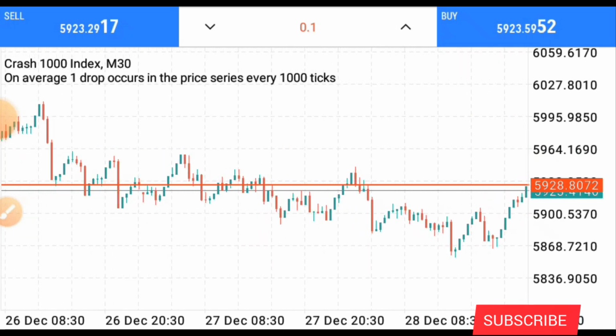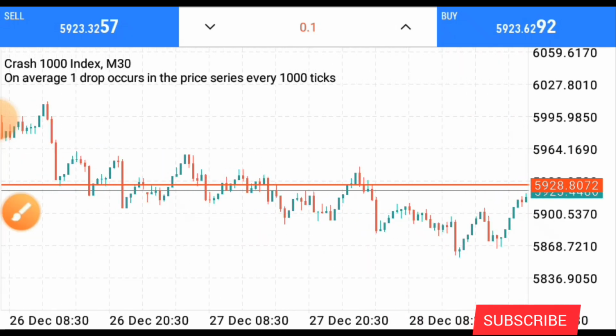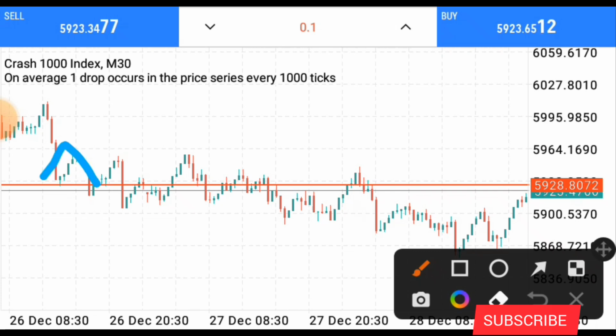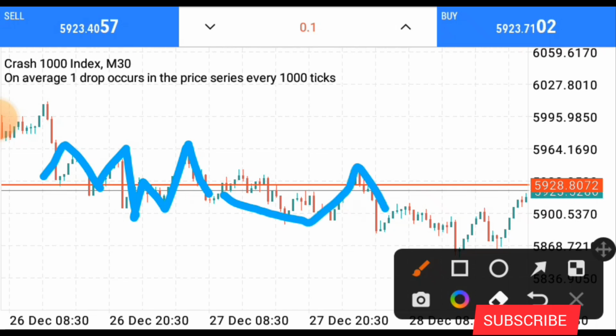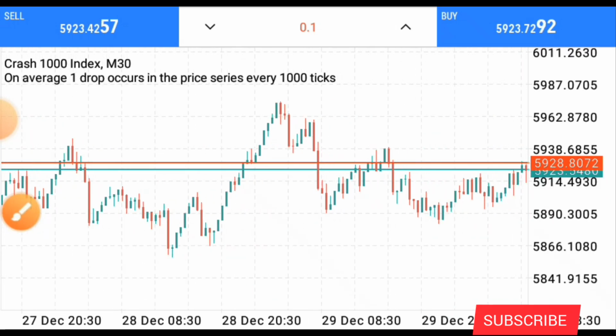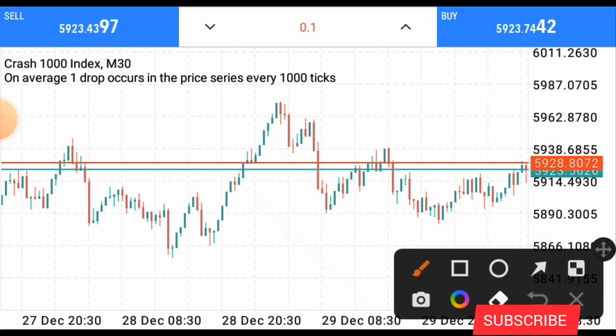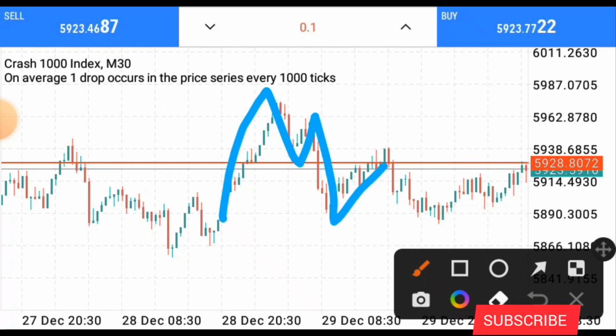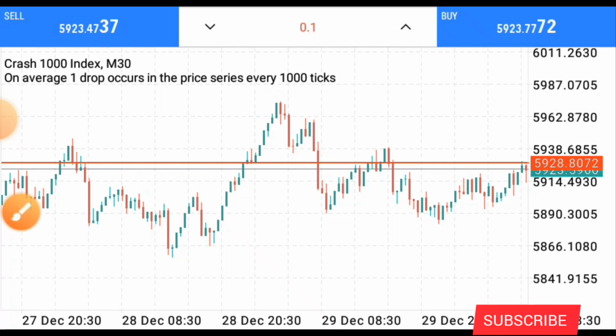You can see the reaction on it here: the bounce up, breakthrough, retest, bounce up, retest, break, retest. So guys, this shows that this is a strong support and resistance zone based on the reaction I'm seeing here.